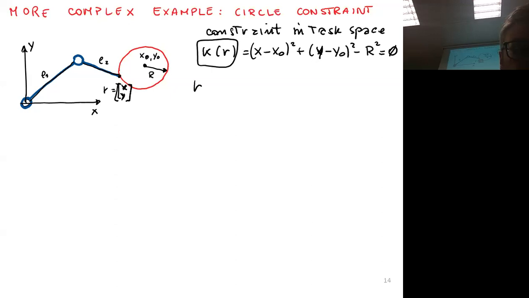Then we have the expression of the forward kinematics for this robot.